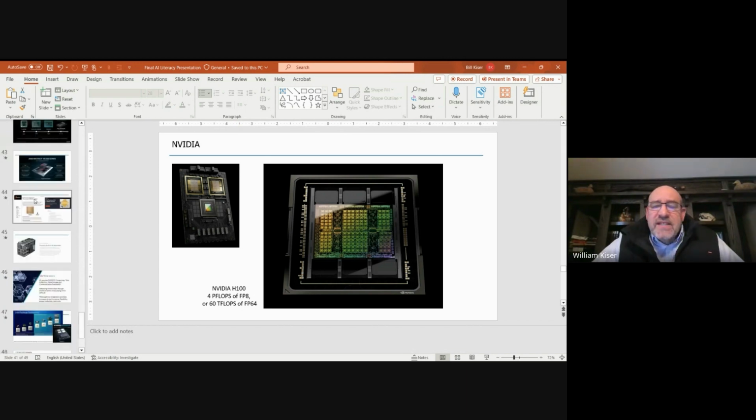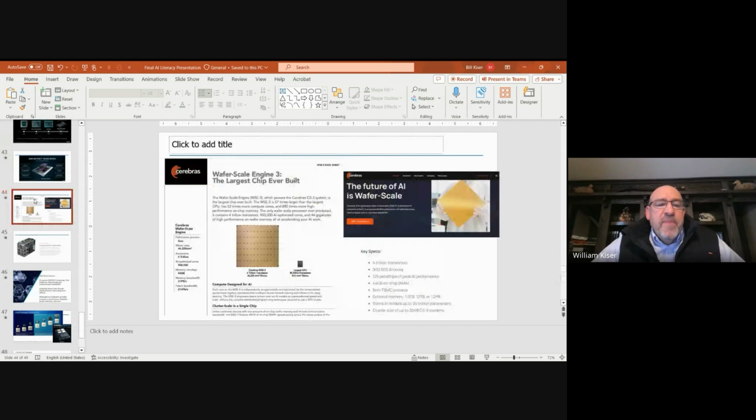We're going to skip past AMD, not because I don't like AMD, but because it's very similar to Intel and TSMC. But look at what happens now. A wafer scale engine. This comes from a company called Cerebras.